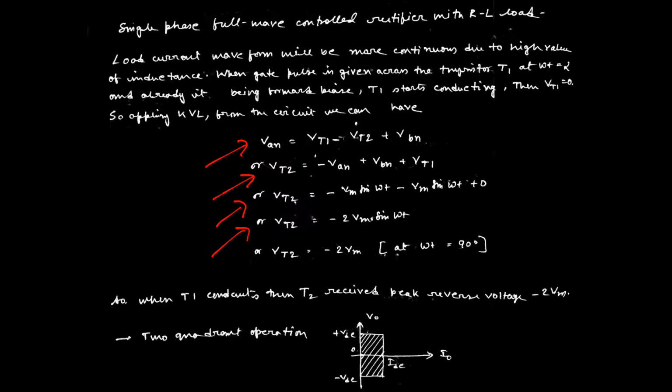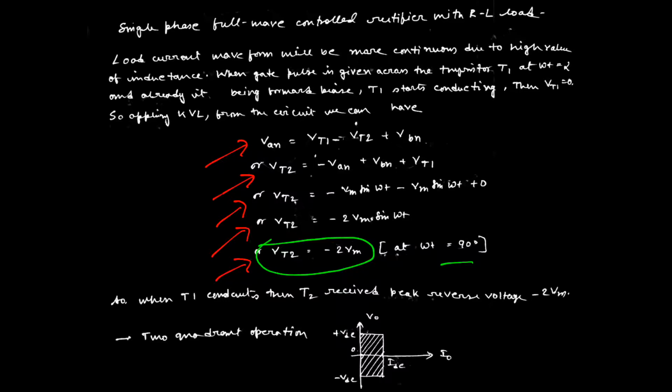This blocking voltage is maximum at the point when omega t reaches 90 degrees. So we can replace the equation with VT2 equal to minus 2 Vm, a very important expression called the peak reverse voltage or peak inverse voltage, at 90 degrees, where the supply voltage is maximum.